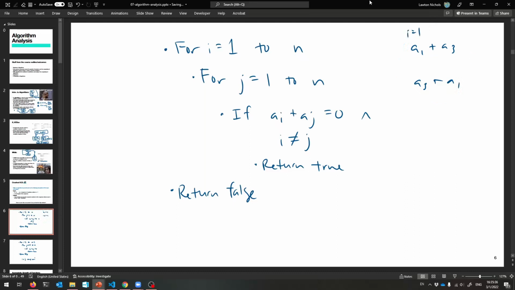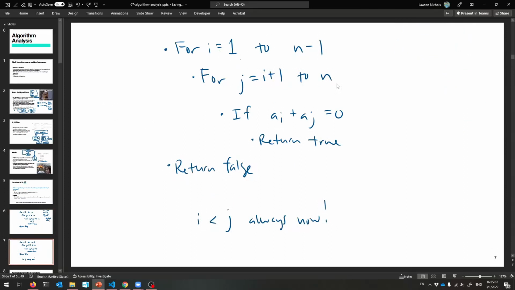Where I is 1, j is 3, and then here I is 3, j is 1. That's duplicated work. We only ever want to do one of these, and so let's do the first one only and skip this one by forcing I to always be less than j. Okay? And so that's what I'm doing here. I is always going to be less than j, and you're still going to cover all the possibilities.